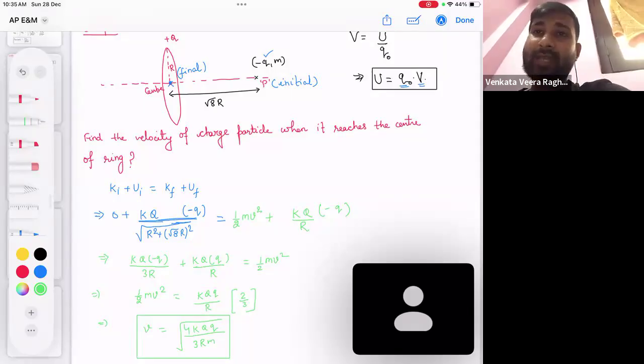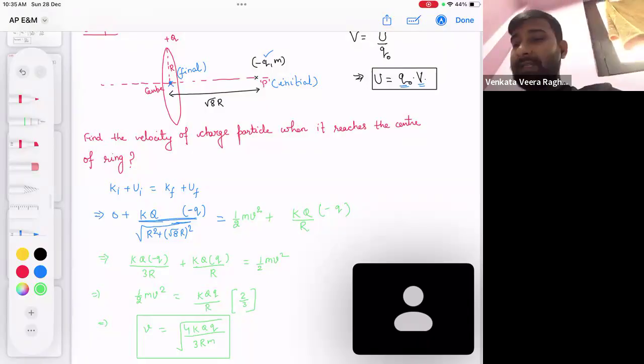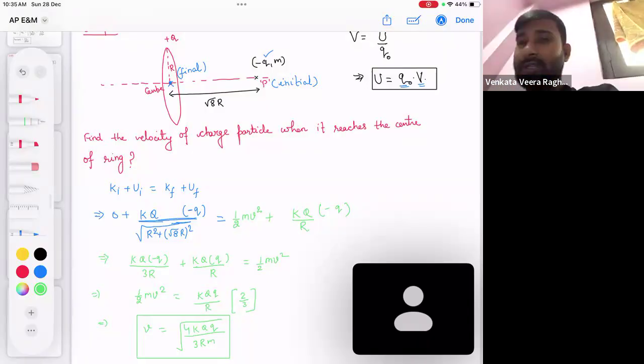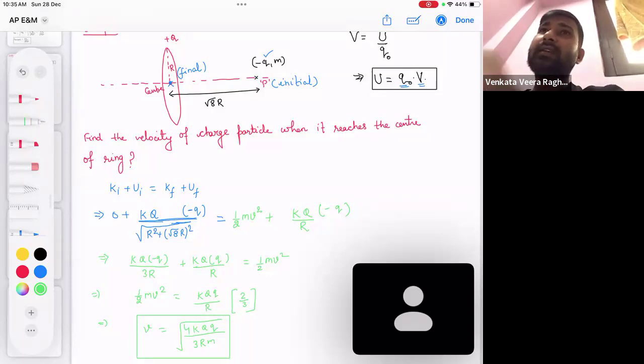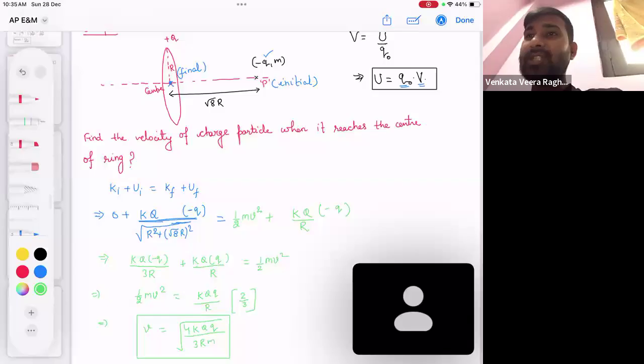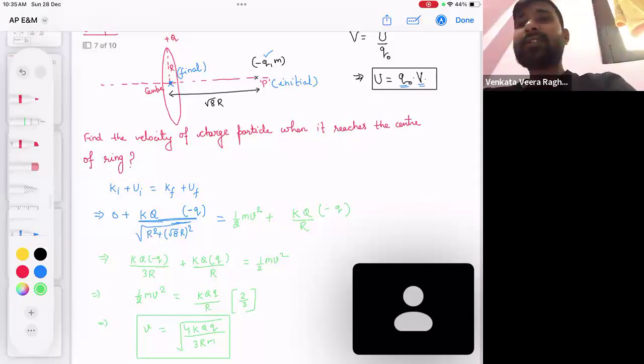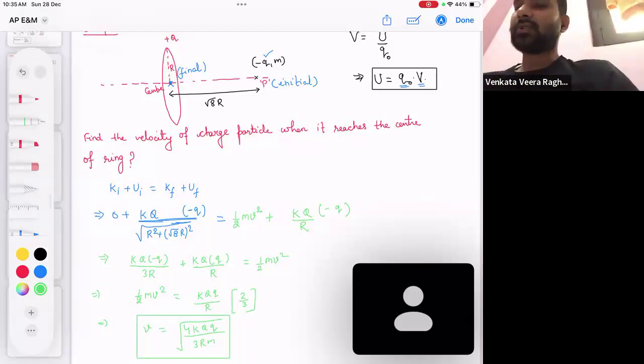But in this question, one is a body and one is a particle. So here I cannot apply K Q1 Q2 by R directly. So we first found the potential of a charged ring, and in that potential, if a charged particle enters, then it will have potential energy. Understood? This is what we have done in the question. Clear?